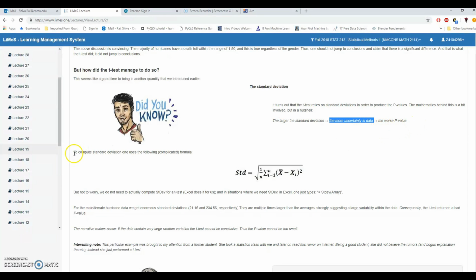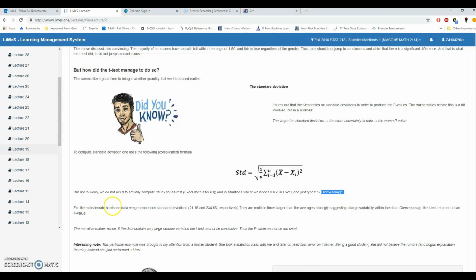To compute standard deviation, one uses a complicated formula, but we have already figured out the standard deviation in Excel, so it's not a big deal. You just type STDEV, and in brackets put the array or the column where you need to find the standard deviation.